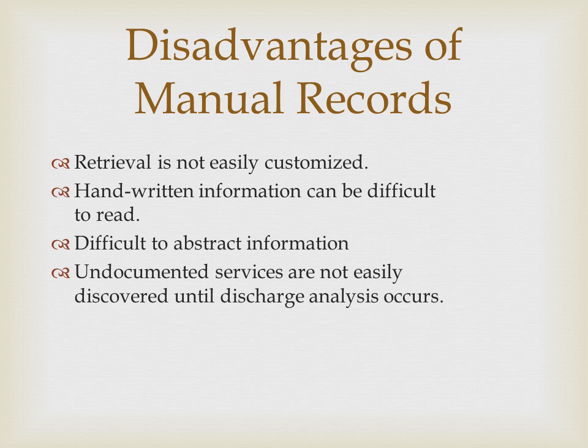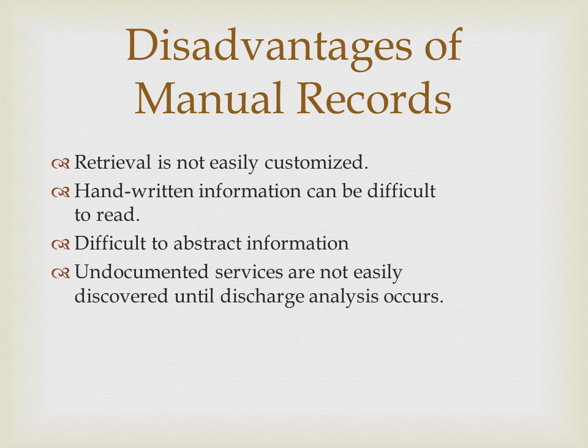There are, however, some disadvantages. A lot of times with paper records, it's not always easy to retrieve those records, especially if the facility does not have a filing system or a good filing system. I put it like that because a lot of them have a filing system, it's just not a good system. So when you don't have a good filing system, retrieving paper records is hard.